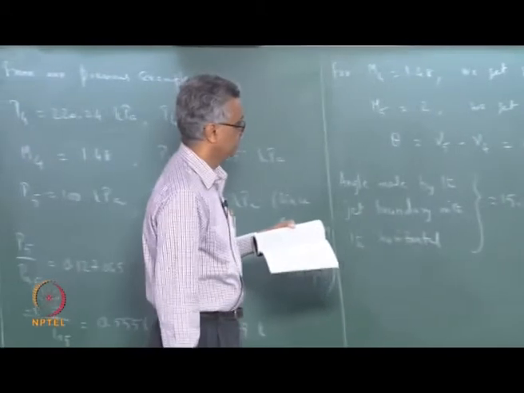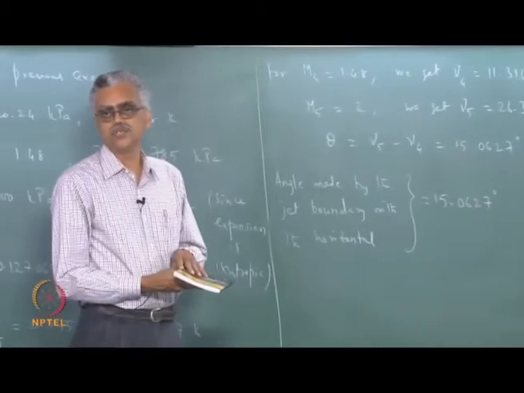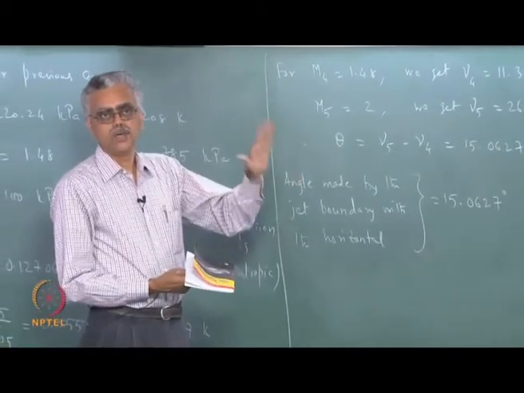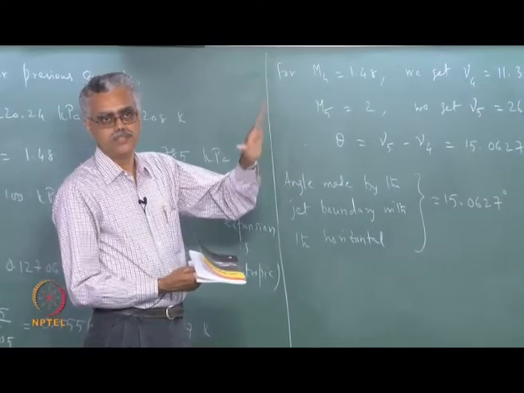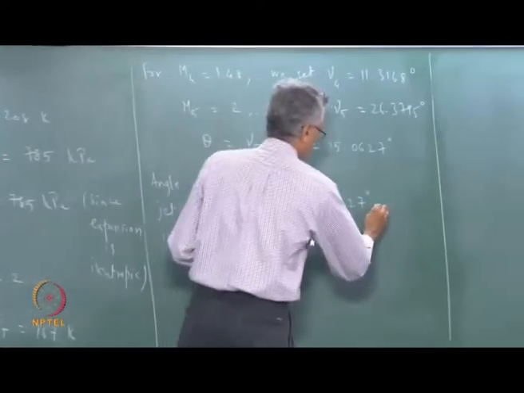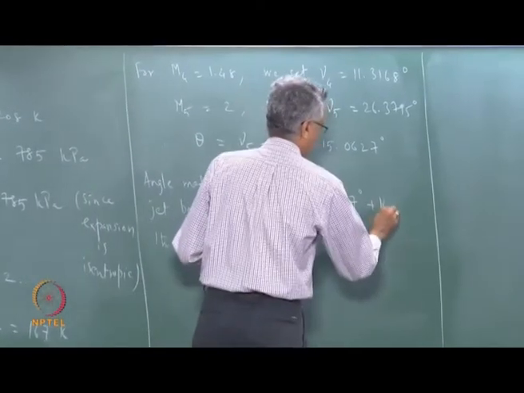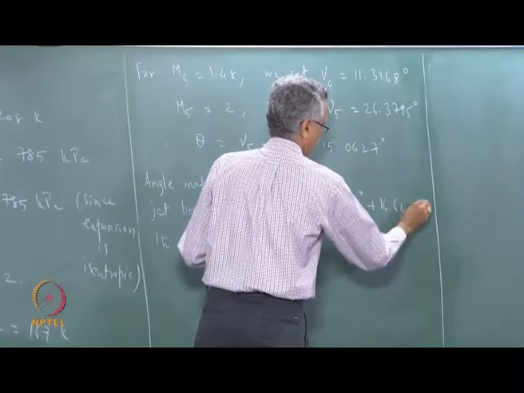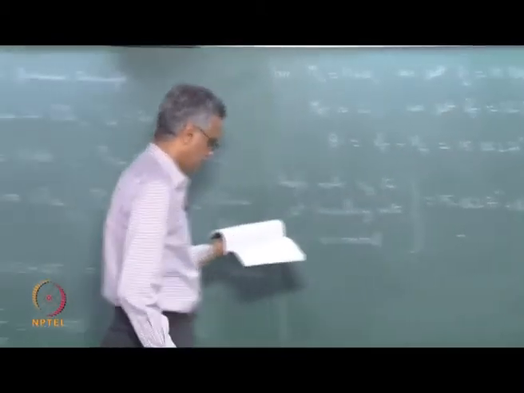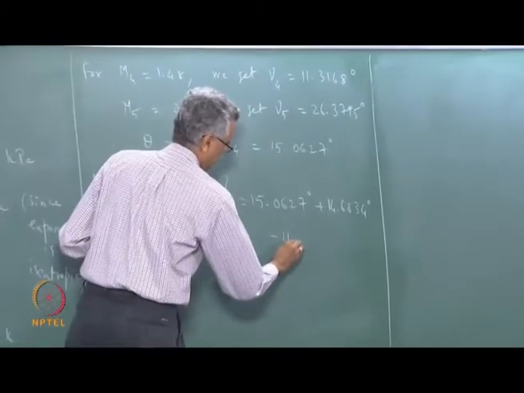That is turning away from the wave in this direction, and the previous oblique shock turned it through an angle of 14.6834 degrees minus 11.2118 degrees.